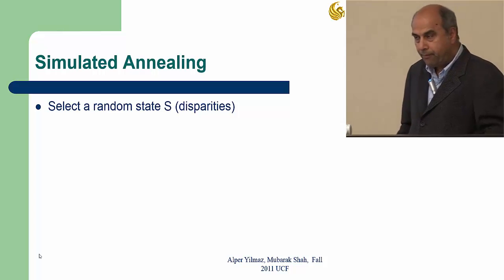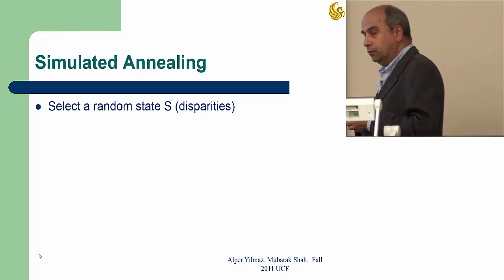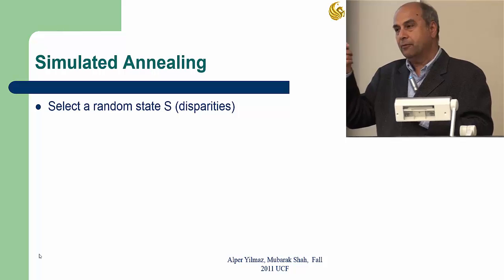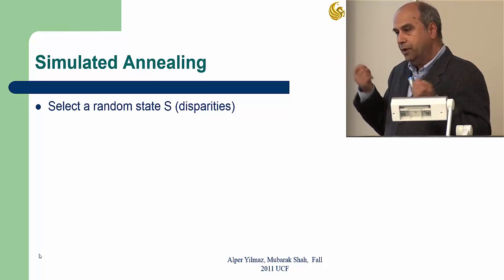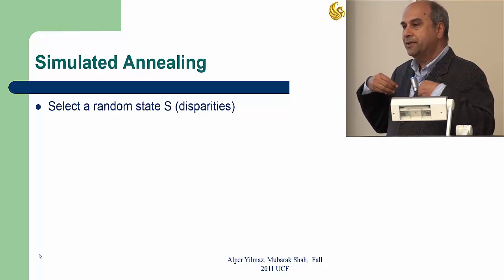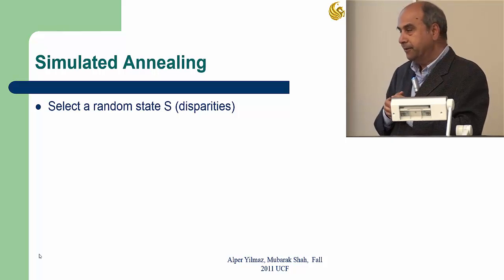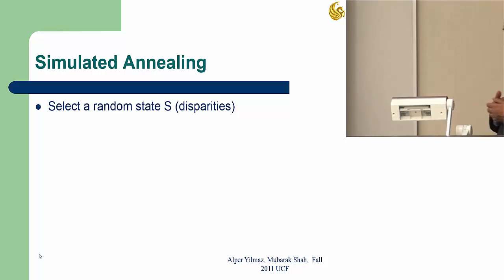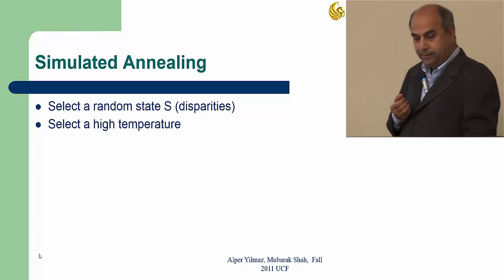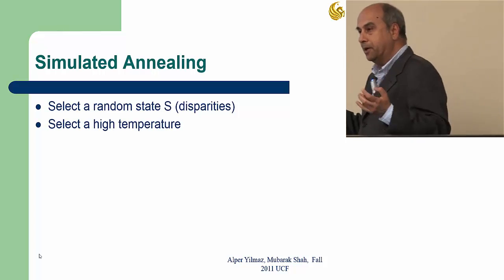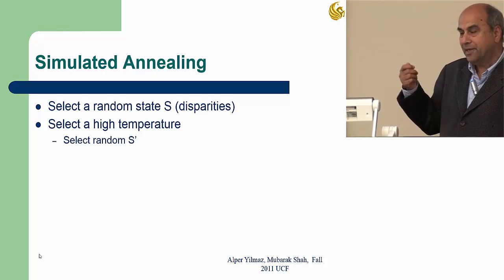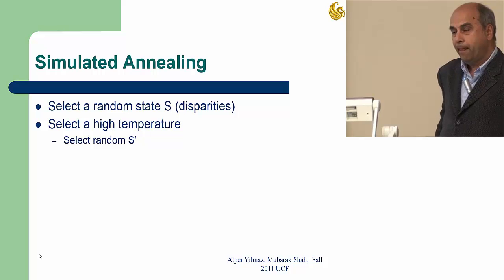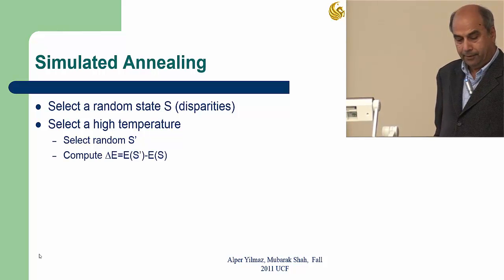We don't know for each pixel what the disparity is, so we just randomly select a disparity, okay? And then we select a high temperature. Then we select another disparity randomly.